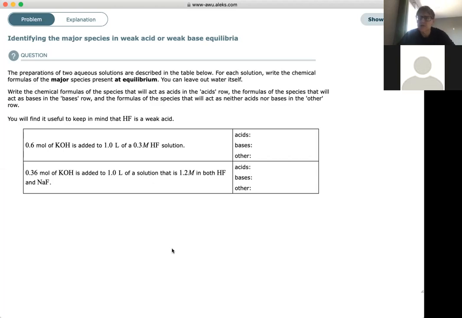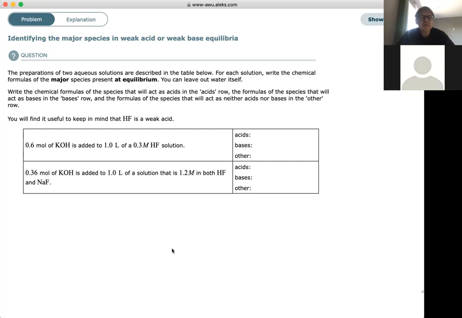They're trying to get across a lot of language here. What we're going to actually do is relatively simple, but let's read through it anyways. The preparations of two aqueous solutions are described in the table below. For each solution, write the chemical formulas of the major species present at equilibrium, and you can leave out water itself. You don't need to include water.